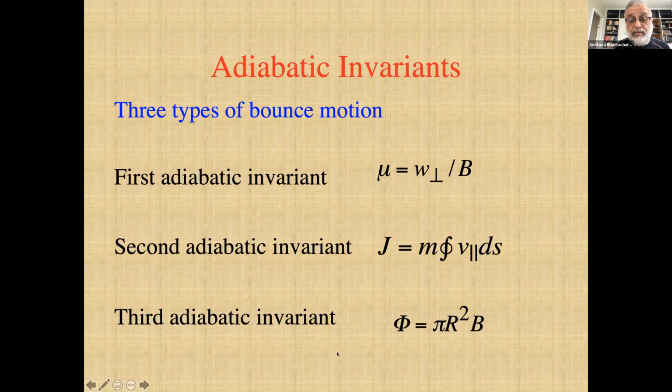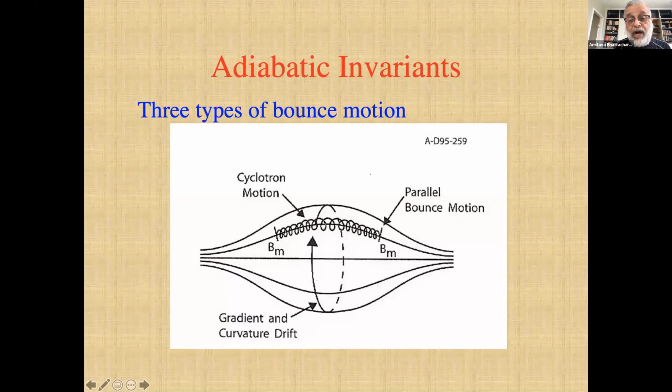And then the third adiabatic invariant, which is the magnetic field going through the area pi r squared, which gives you the flux threading the ribbon. So you're looking at phi going through this ribbon. And by the way, as you know, if I move this circle up and down, B and r squared are going to be such as to keep the same flux in it.